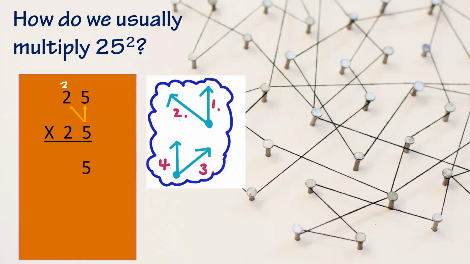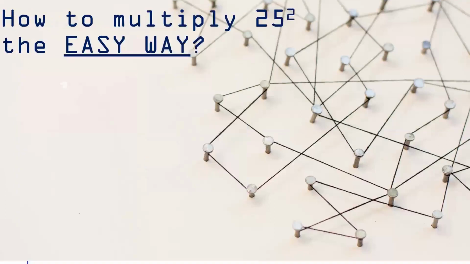Then we multiply 5 times 2, that is 10, plus 2, that is 12. 2 times 5, that is 10, and 20 times 2, that is 40. 40 plus 10 is 50, or we can do directly 2 times 25, and that is 50. And then we add the columns, bring down 5, 2 plus 0 is 2, 1 plus 5 is 6, and our answer is 625.